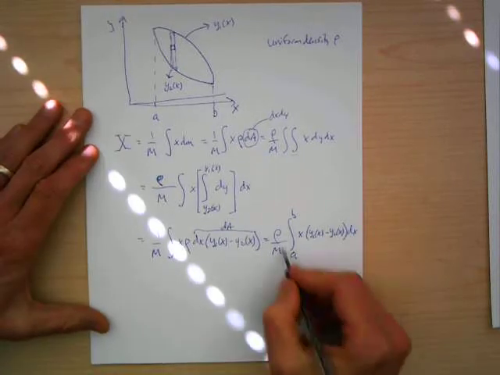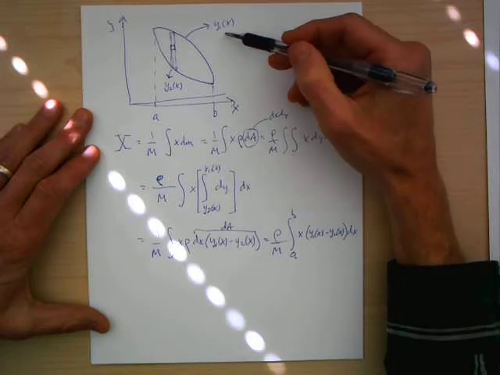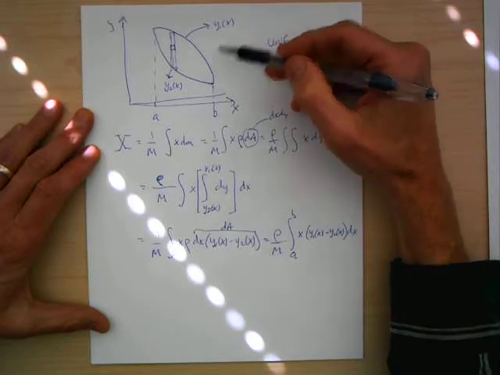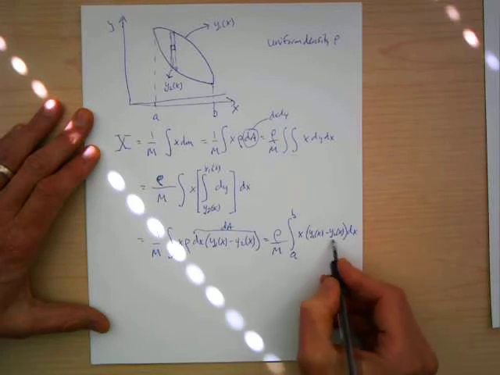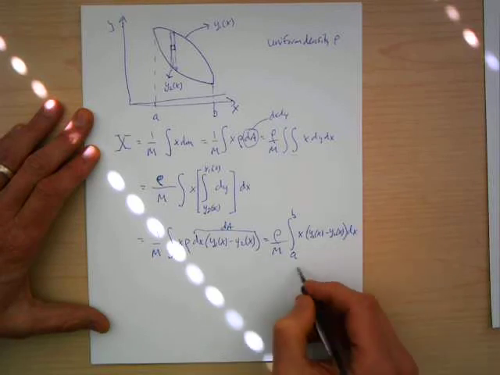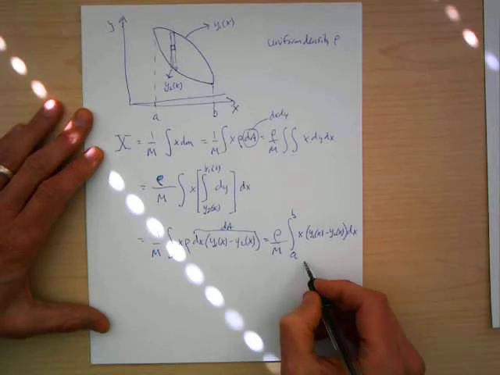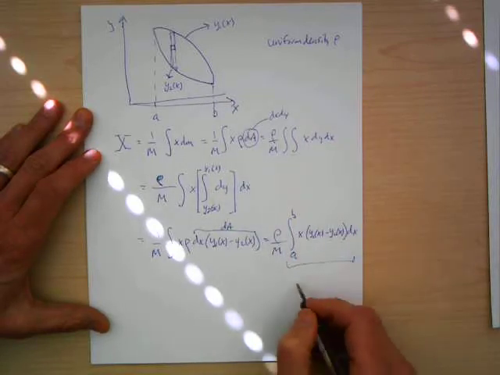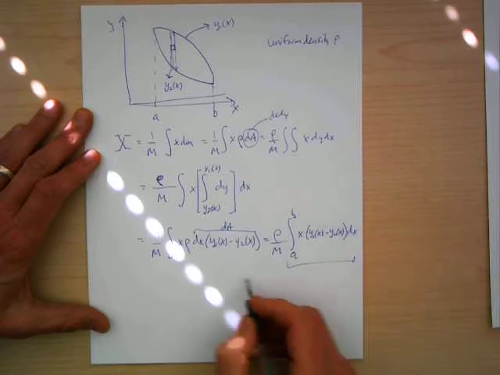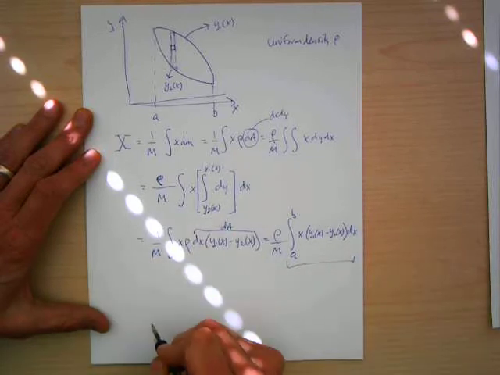Then this is the integral I'd have to do. So now I have these functions y1 and y2 of x that I can stick in here and integrate. So now I need to do a specific problem where I'm given those functions and I've got an integral to do, and we hope and pray that we can do that integral. If we can, we get the x coordinate.